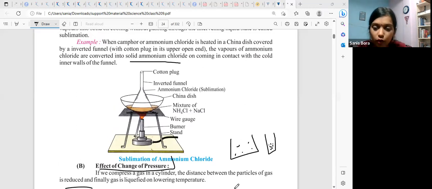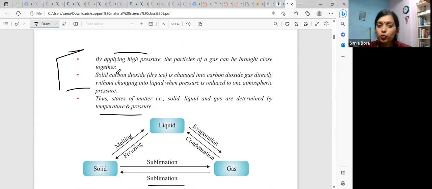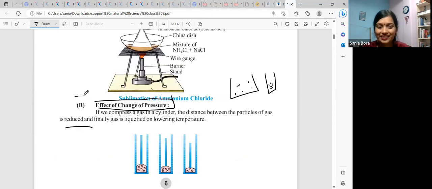There is no A. I will just write it as A. Sorry? Your voice is not audible to me. Yeah, B. A you have already written. You will just write B and write this effect of change of pressure. No, teacher, I have not done anything. Okay, now just write these 2 points. I didn't write. Ayaan, I can hear you, but your voice is too low.